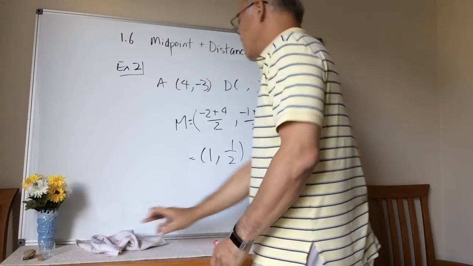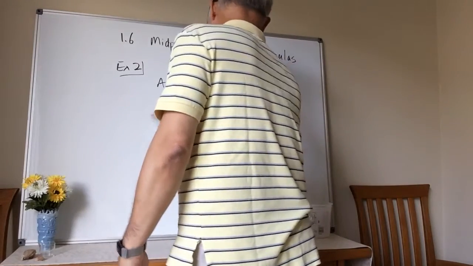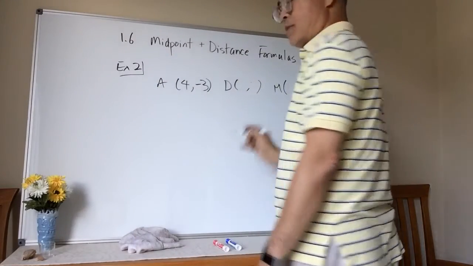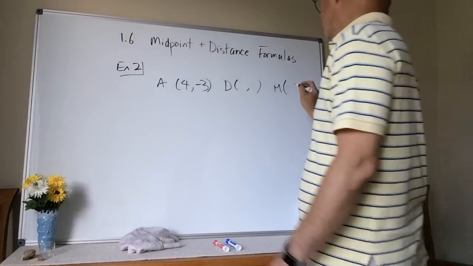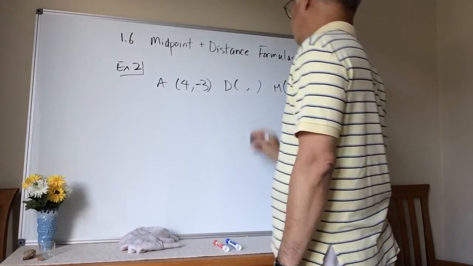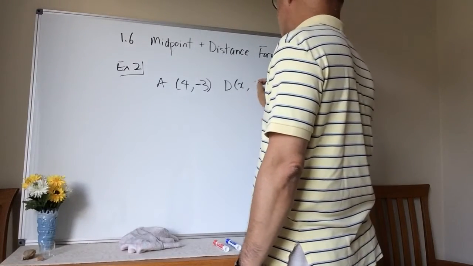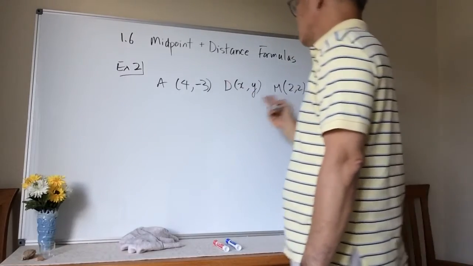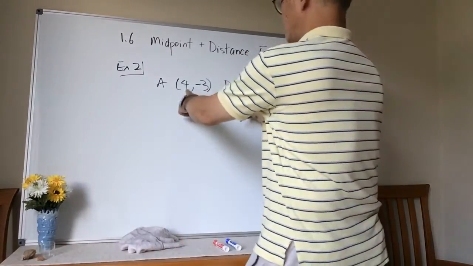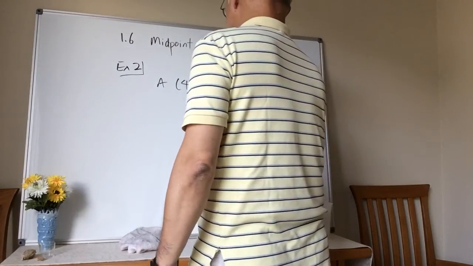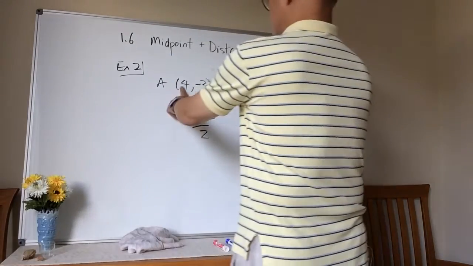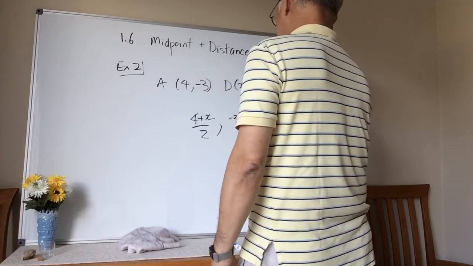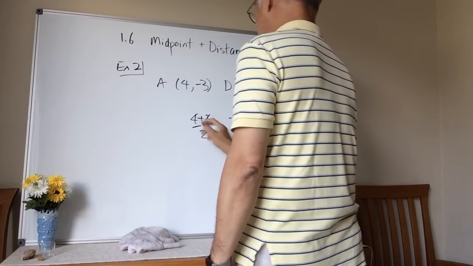But they give you the midpoint as what? The midpoint is going to be (2, 2). So I don't know this endpoint, so I'm going to call it (x, y). If I use the formula, the midpoint is going to be (4 plus x) divided by 2, and I'm going to add these two, -3 plus y, and then divide by 2.